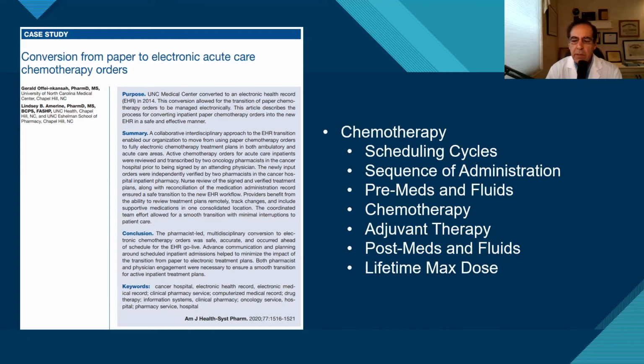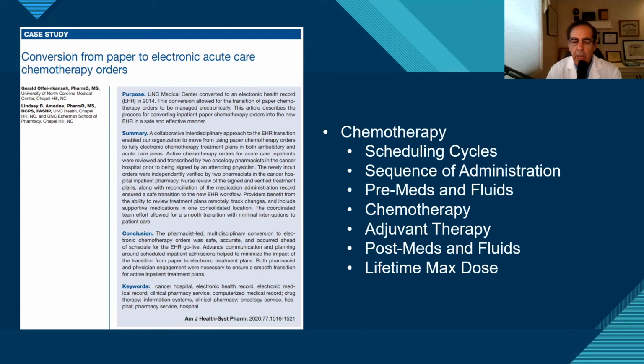The sequence of administration is very important. So with chemotherapy, it's not just giving the chemo drug, it's pre-meds. So you'll give some fluid ahead of time. You might give some medications to prophylactically guard against chemotherapy-induced nausea and vomiting.